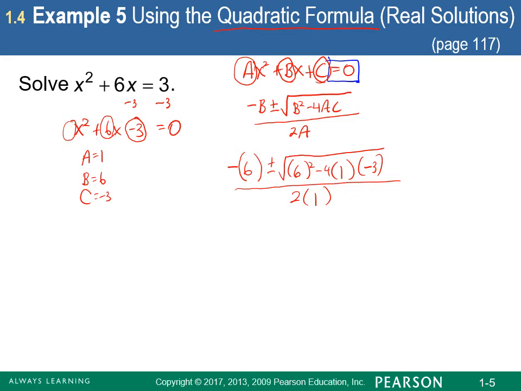Now, when you do the calculations, start here. Negative 6 is just negative 6. Then do what's inside the square root.